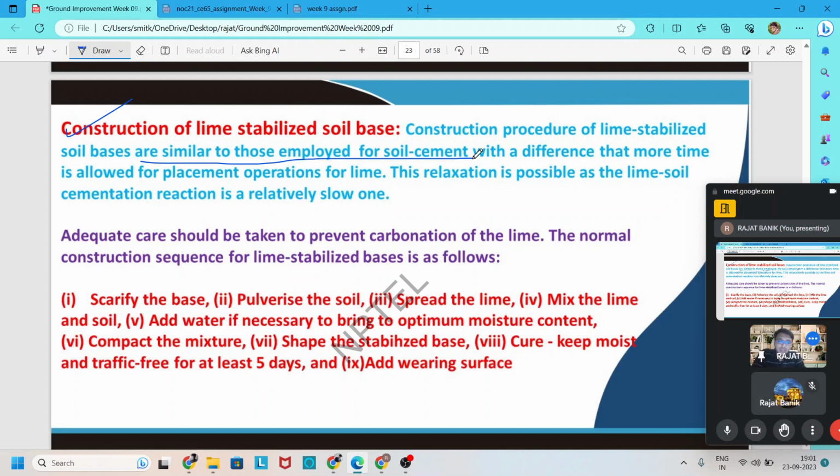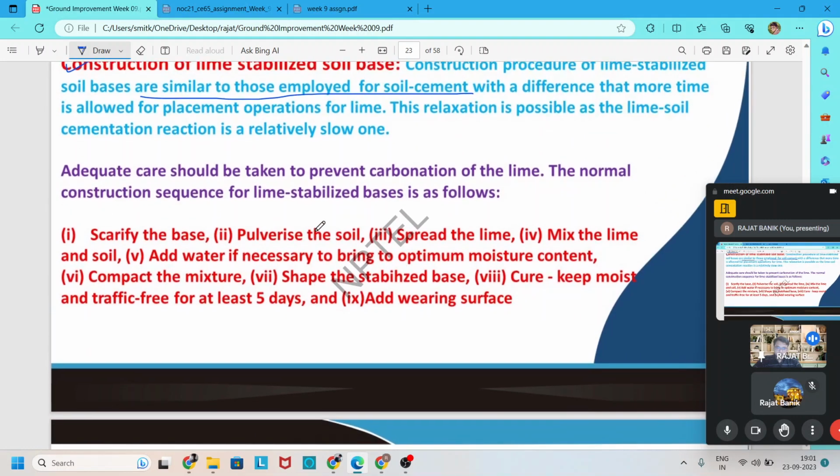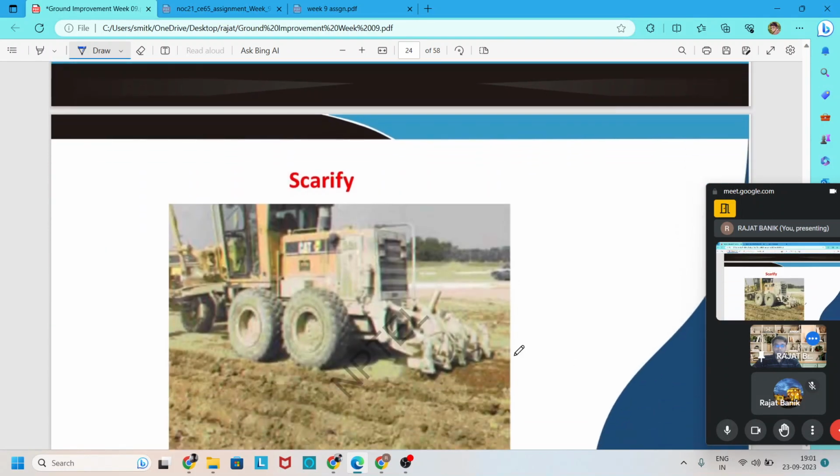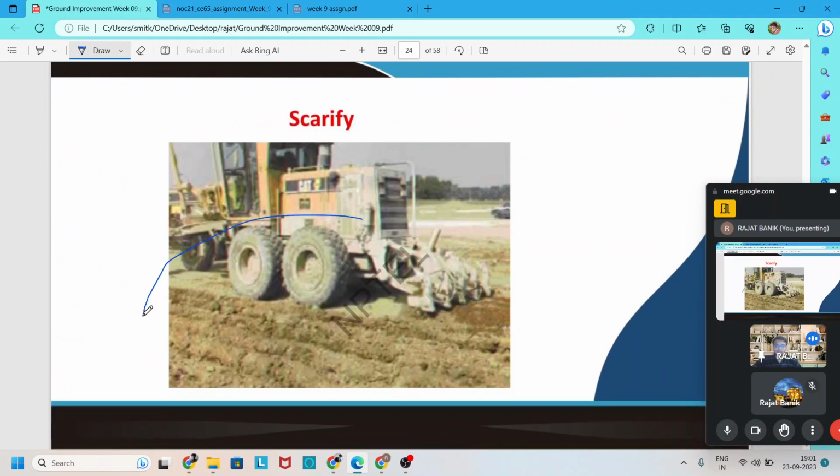Then we discuss the sequence of lime stabilization construction. First is to scarify the base. Scarifying means some scratches or depressions are created in the soil, similar to what happens in a rice field.